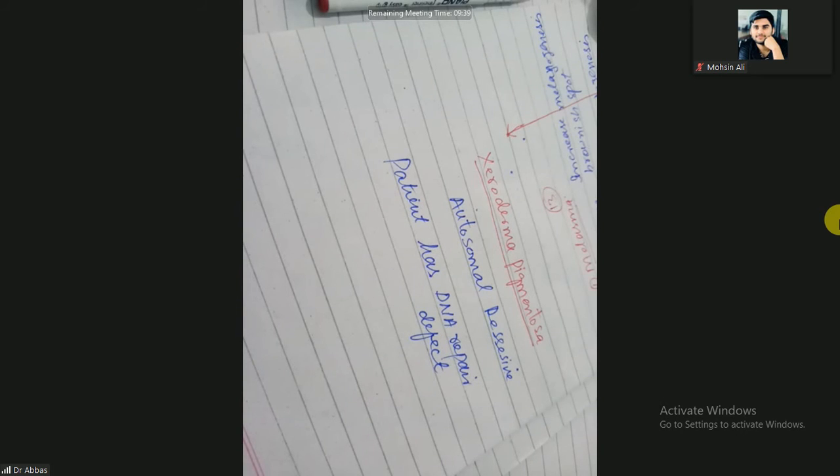When eumelanin is more, the color of the skin is dark or brown. When some parts of the skin are extra brown, we call them hyperpigmentation. Hyperpigmentation means more color. Hypopigmentation means less color.